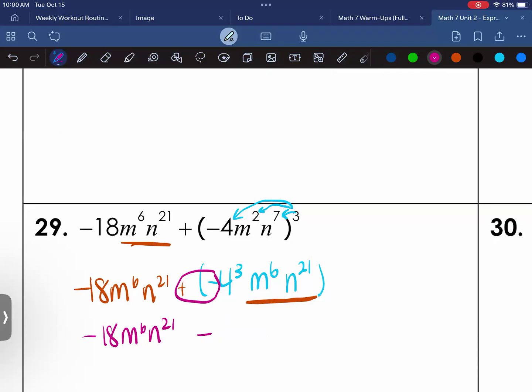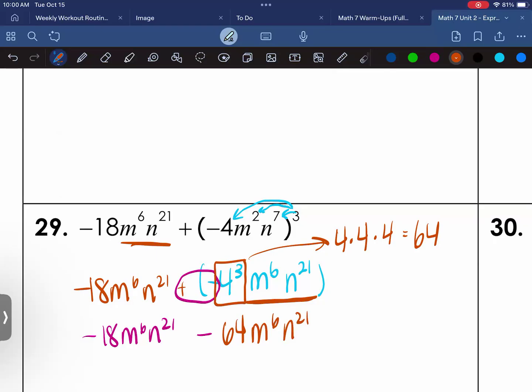So we're going to have to do 4 cubed so that we can add it with -18. 4 cubed, that would mean 4 times 4 times 4, which will get us 64. So we have 64 m to the 6th power, n to the 21st power.